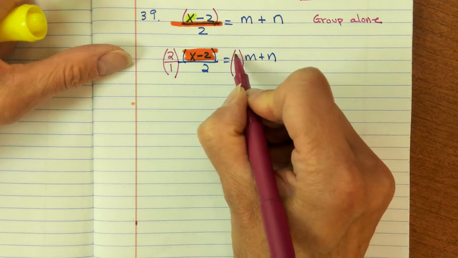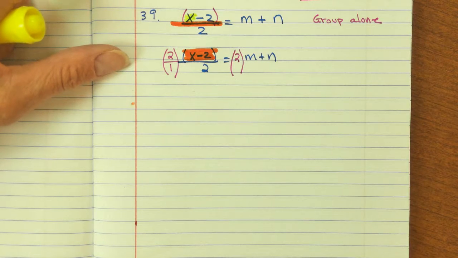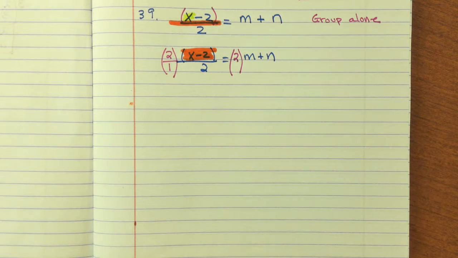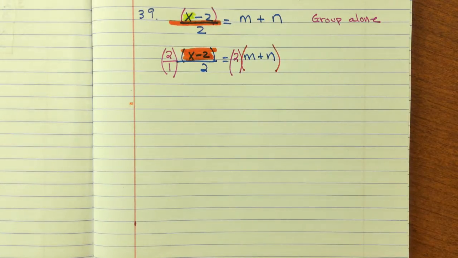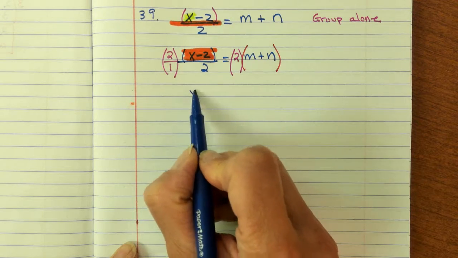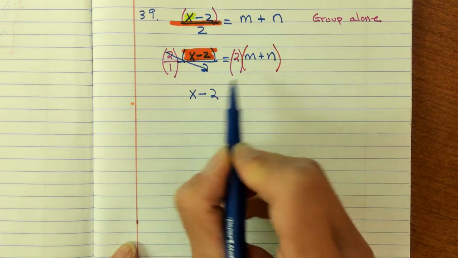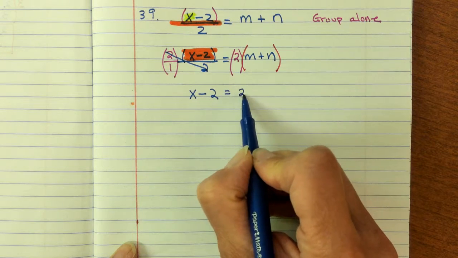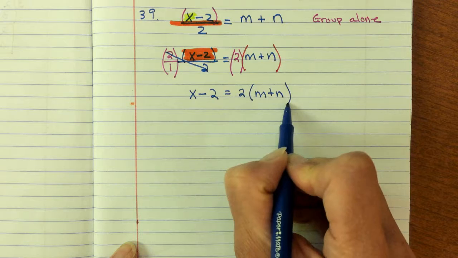Be careful right here. This is not correct the way I wrote it. To write it correctly, you need to have a parentheses around that m plus n because the 2 gets multiplied to everything there. So then this simplifies to whatever your orange is, which is x minus 2, because 2 divided by 2 is 1, and that equals 2 times the quantity m plus n.